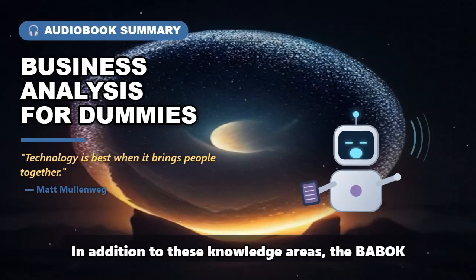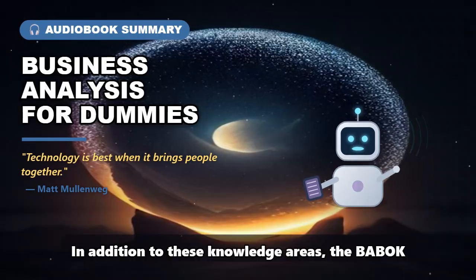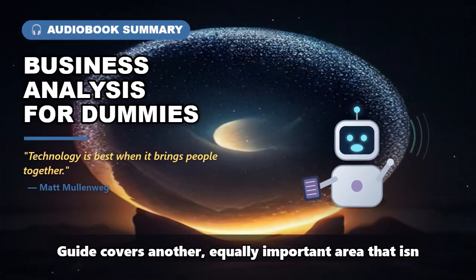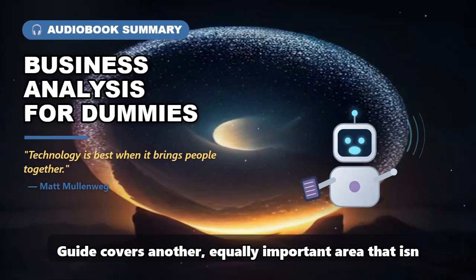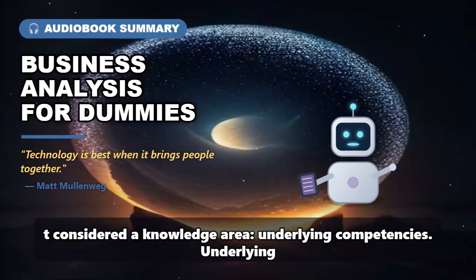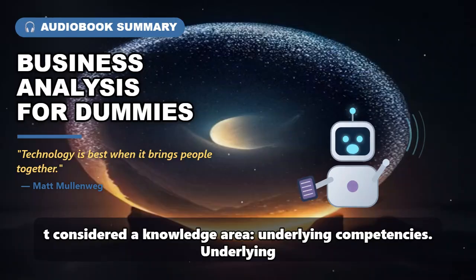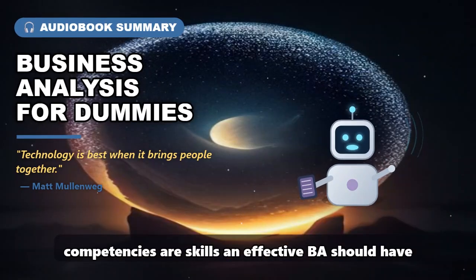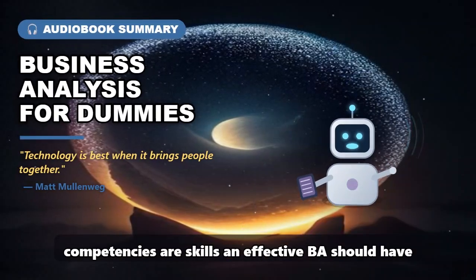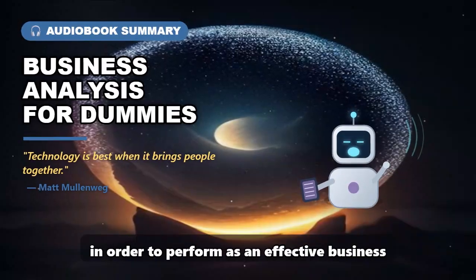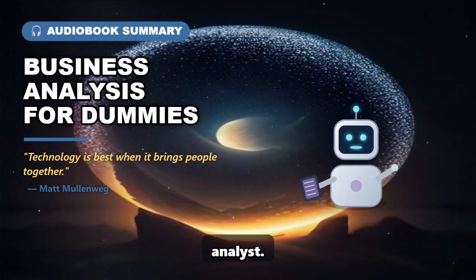In addition to these knowledge areas, the BABOK Guide covers another, equally important area that isn't considered a knowledge area: underlying competencies. Underlying competencies are skills an effective BA should have in order to perform as an effective business analyst.